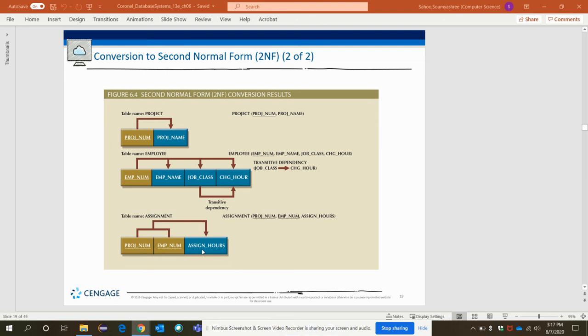If someone forgets to update some of the employee records affected by the charge per hour change, then different employees with the same job description will generate different hourly charges. It's all about third normal form. Now, at last, we have these three relations that we need to take care of to make sure all of them are in third normal form.